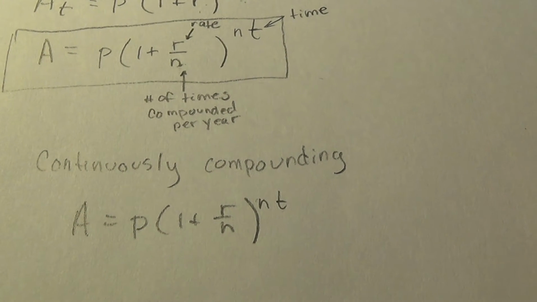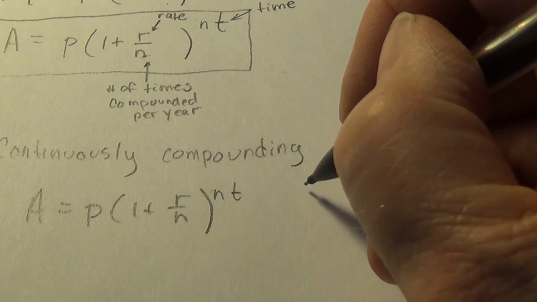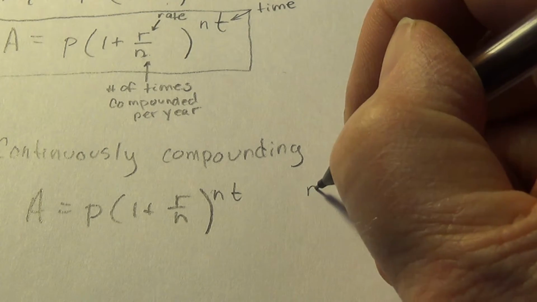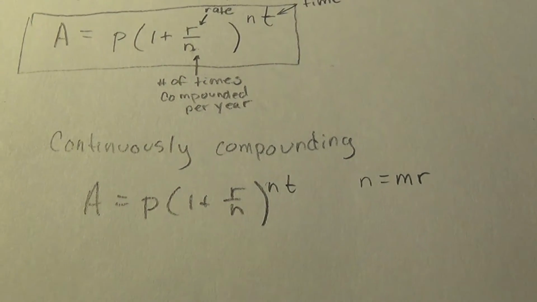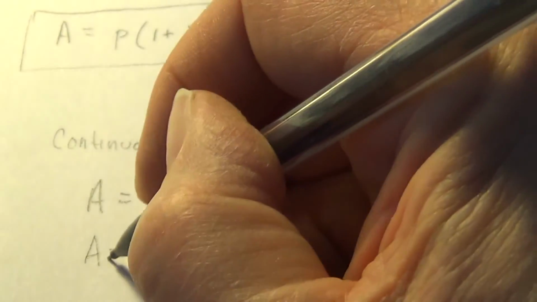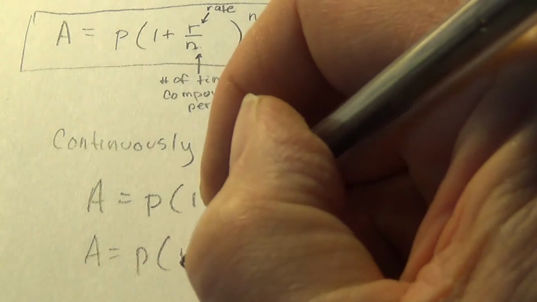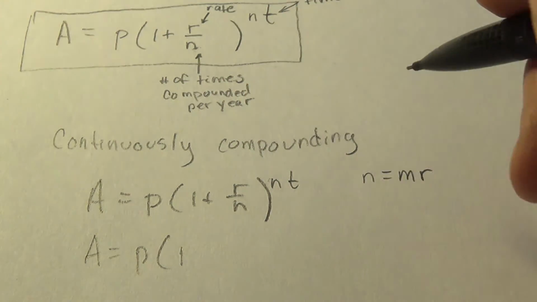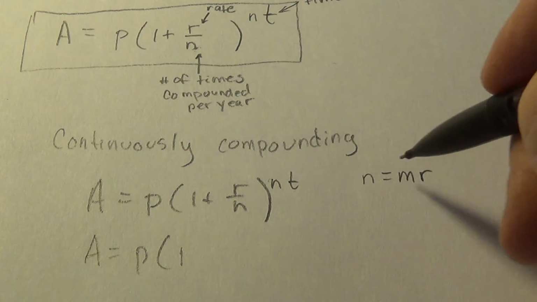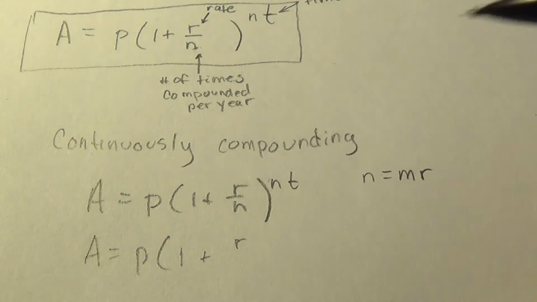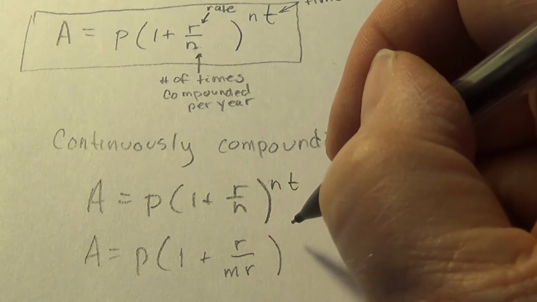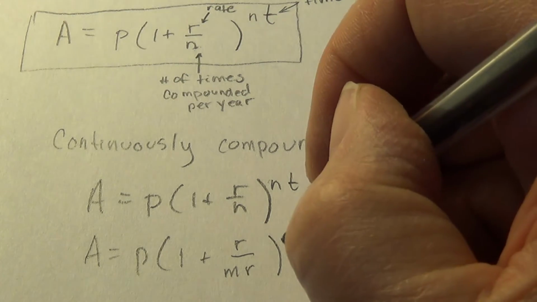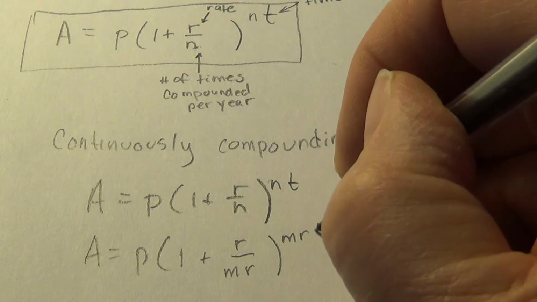I'm going to say that n is going to be replaced with an expression, mr. And just allow me that, and you'll see what that does for us. So whenever there is an n, I'm going to replace it with this expression mr, and I'm going to raise that to the mr because there's an nt.